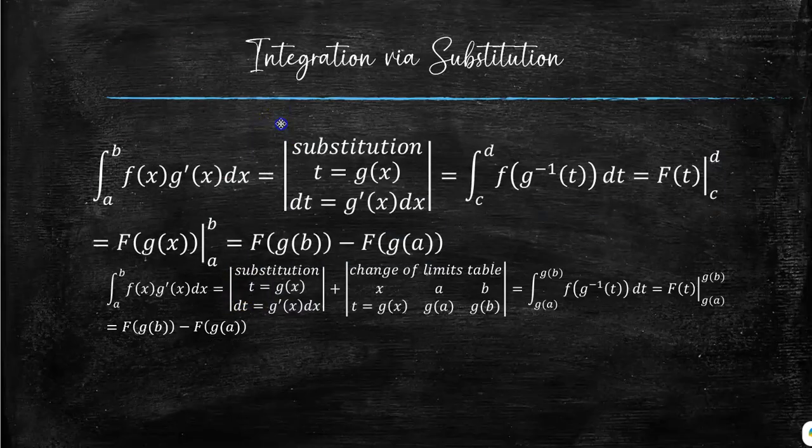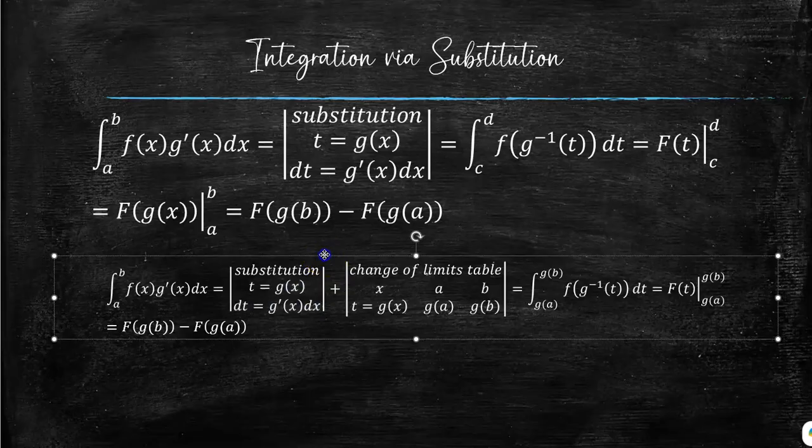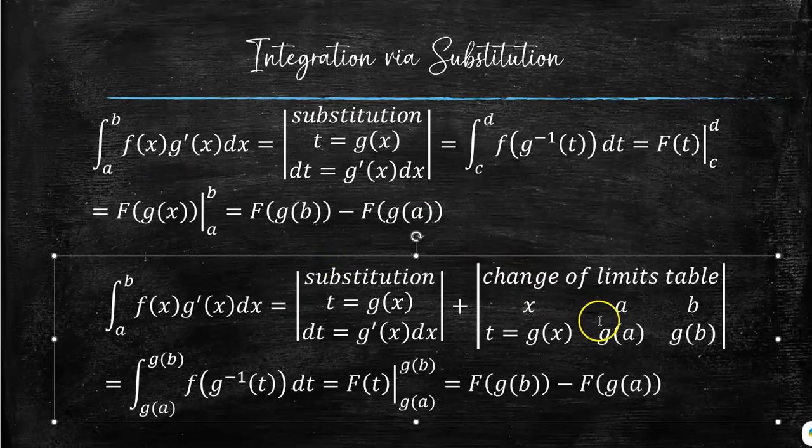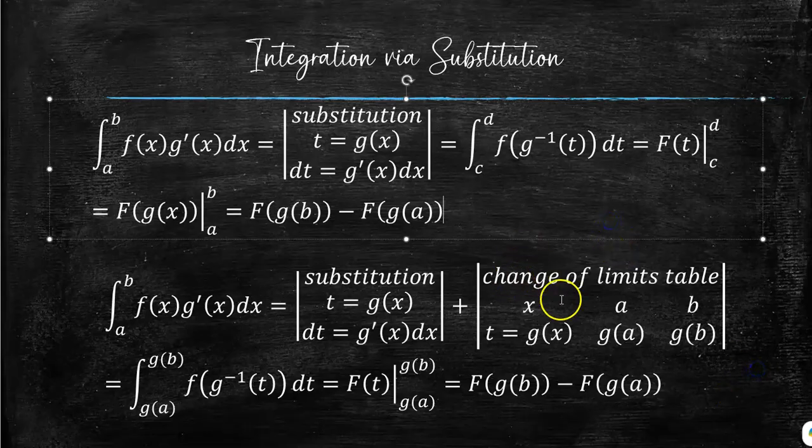This is 1 when you don't change your limits, and this is 2 when you do change your limits. But the math is going to end up being exactly the same. They are just visually different. All right.